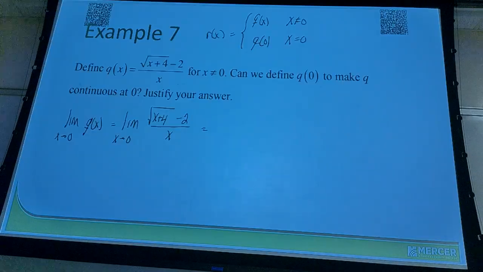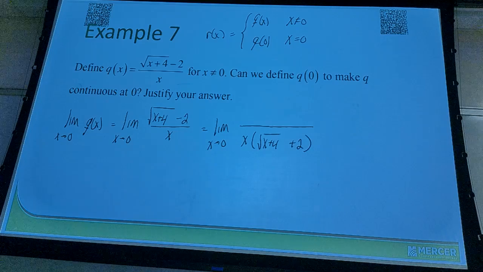You multiply the top and bottom by square root of x plus 4, plus 2. The numerator would become x plus 4 minus 4.